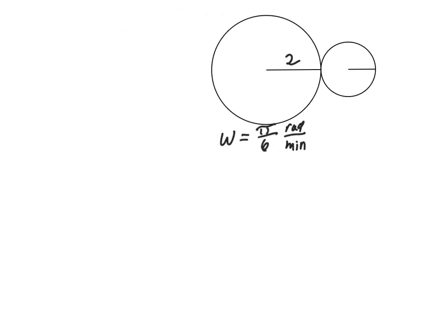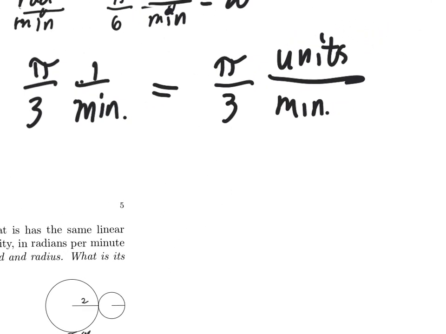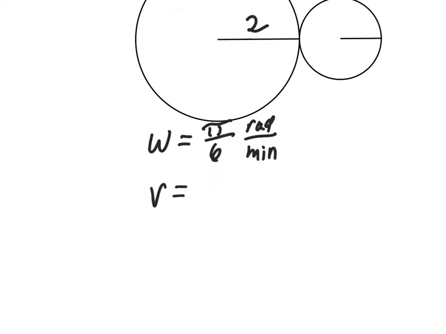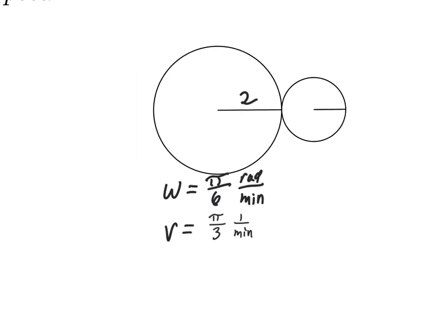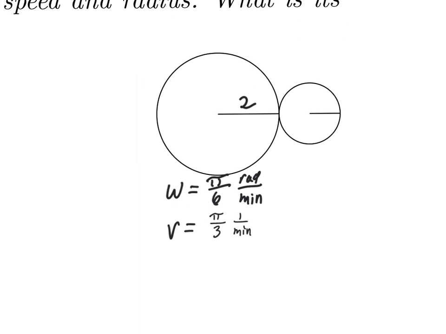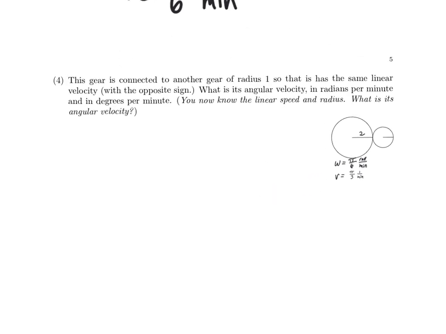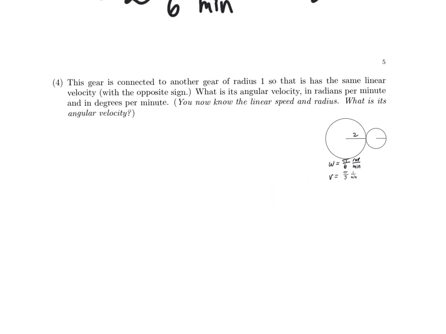The linear velocity of this gear is pi over 3. So I just copied down the information above about this gear of radius 2. Let's suppose that that gear is connected to another gear of radius 1.